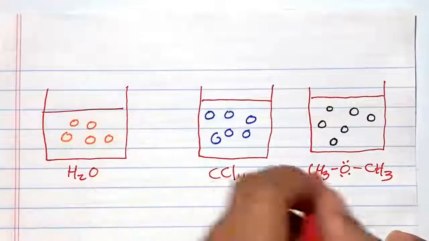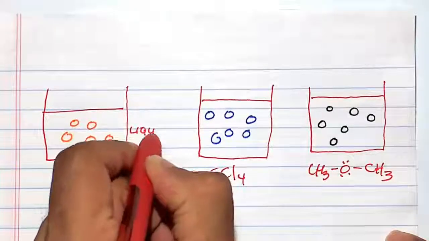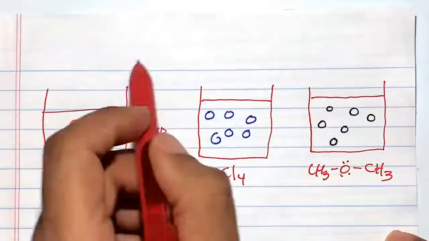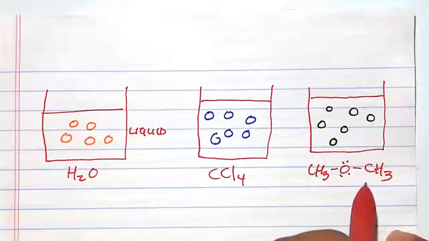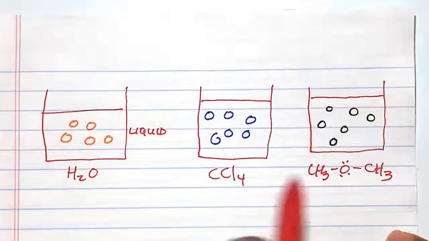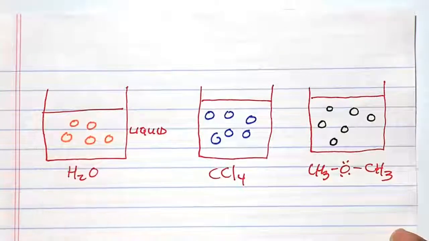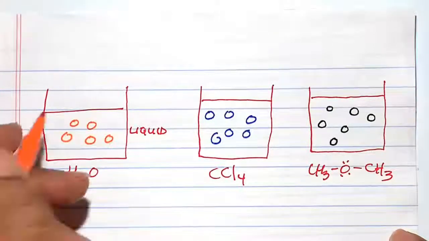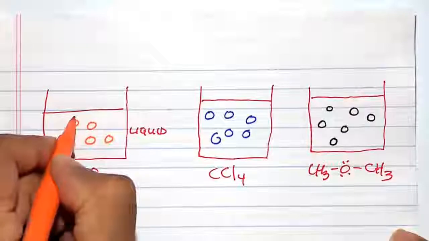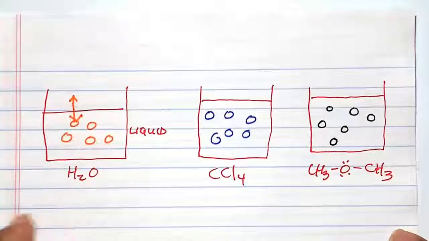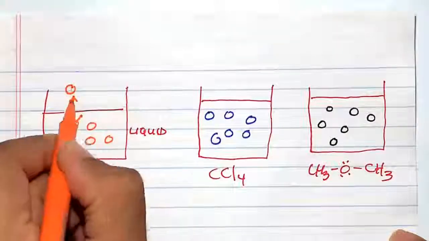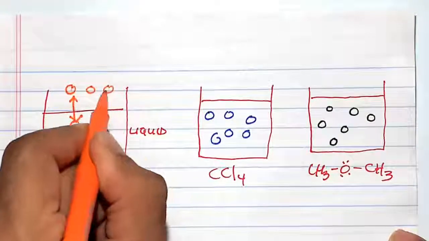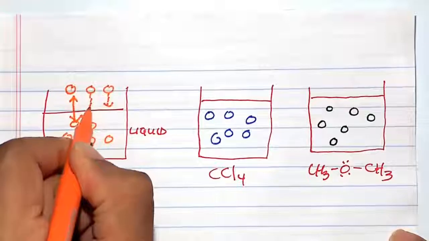All right, so here are three liquids, let's imagine. At the bottom is the liquid phase, at the top is air or the atmosphere, and we have water, carbon tetrachloride, and dimethyl ether. So water, in order for a vapor pressure to be exerted, remember the definition: one molecule has to break free and evaporate, and the molecules nearby this surface then can exert a pressure.